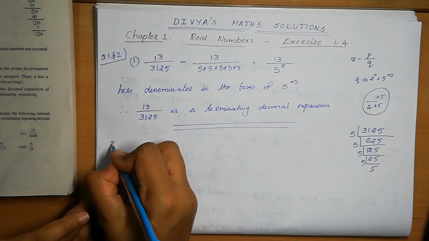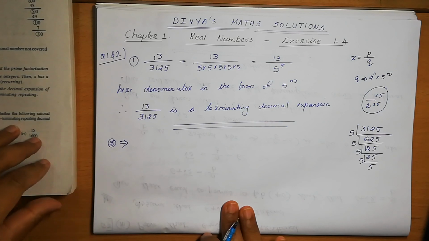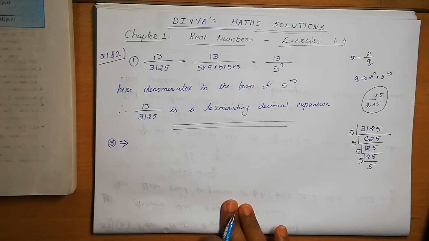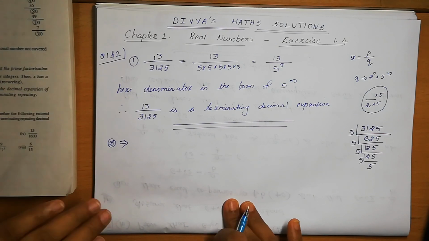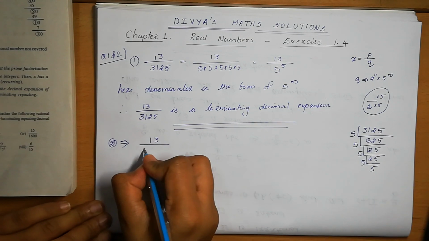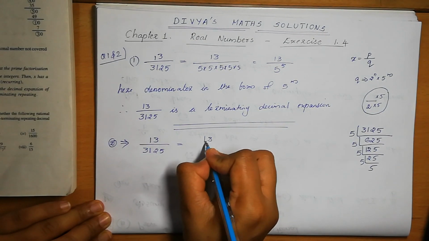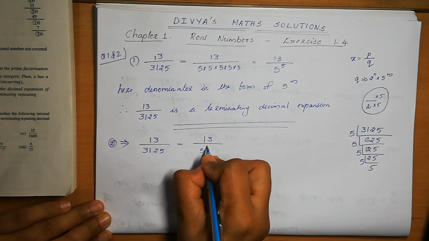Then question number 2: if it is terminating, we need to write the decimal expansion of the number. So this is terminating. That means 13 divided by 3125 equals 13 divided by 5 power 5.